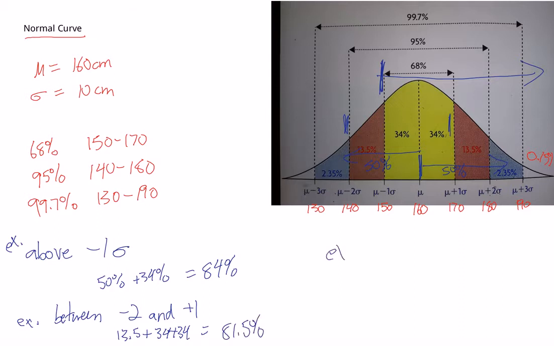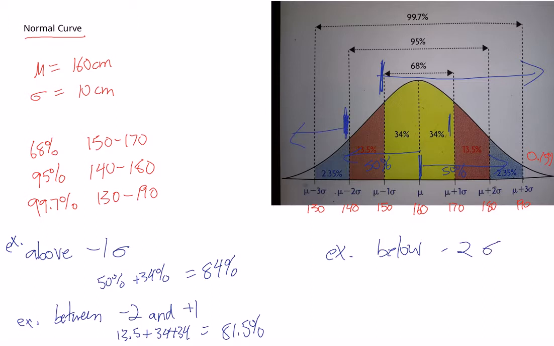We can also do ones where it asks something like, what percent of the data on the graph is below -2 standard deviations? Below -2 would be everything from this line down.